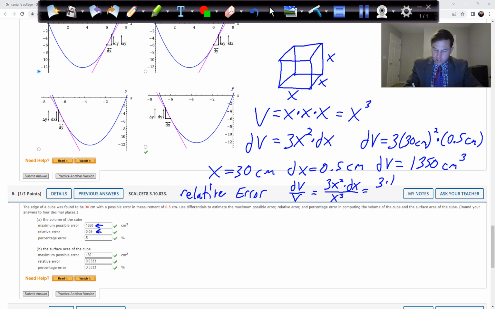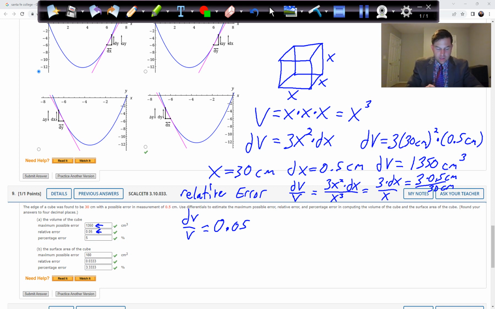So we get 3 times dx over x, and we know dx is 0.5, and we know x is 30 centimeters. So we get the centimeters to cancel, and we get 3 times 0.5 over 30. So we get the relative error is 0.05. And that has no units because the units cancel.